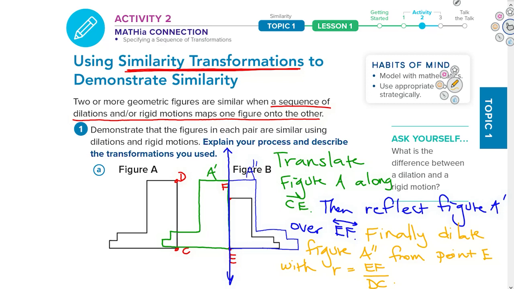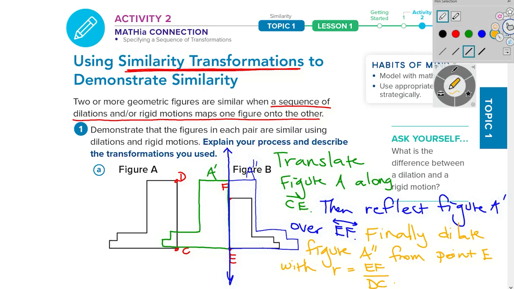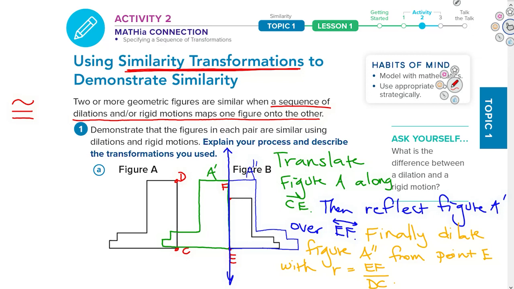Now, I've forgotten to give you the symbol for similarity. Let me kind of jog over here for a sec and show you that for congruence, we use a symbol of this for congruence. Okay? Now, for similarity, it's just the squiggly on top. This symbol right here means similar.